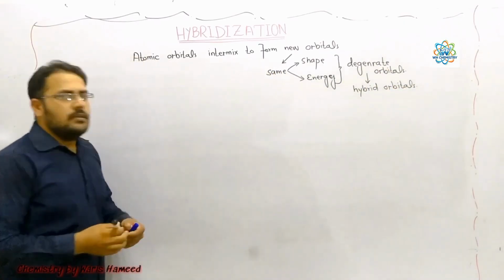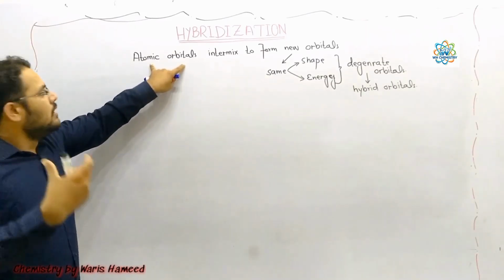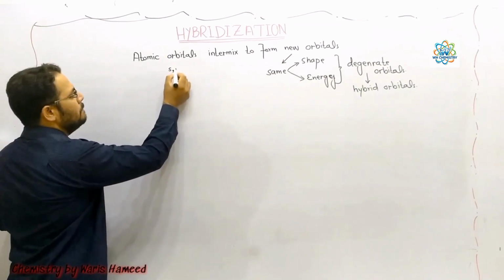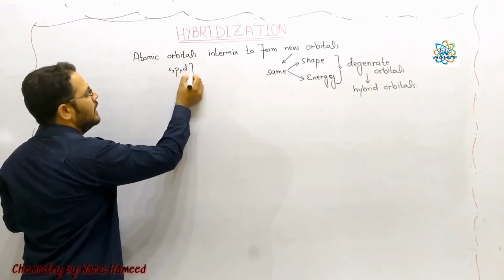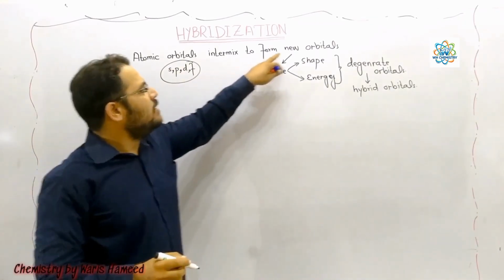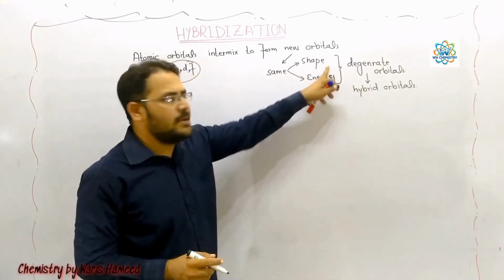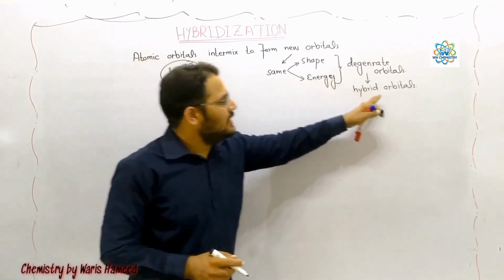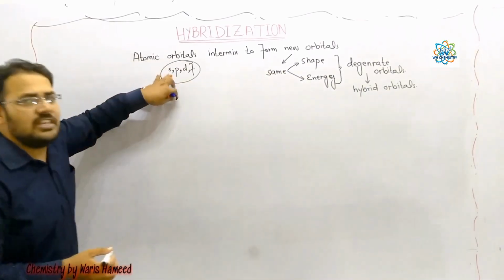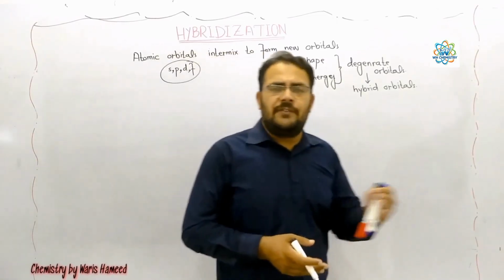Again, it is the mixing of atomic orbitals of the valence shell, like S, P, D and F. These orbitals will intermix and form new hybrid orbitals, and these hybrid orbitals have the same shape and same energy, and are also known as degenerate orbitals. On the basis of the involvement of these orbitals, hybridization is categorized into different classes.